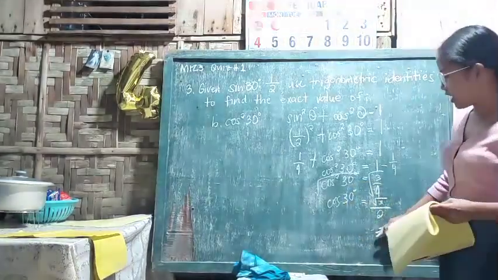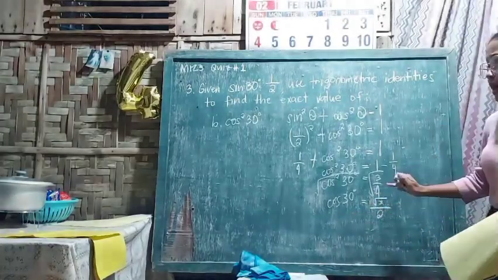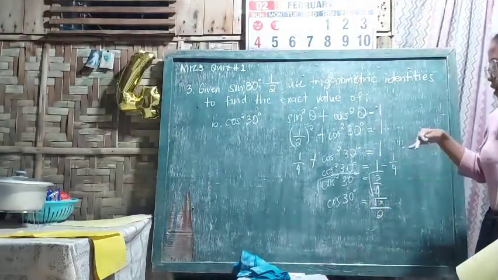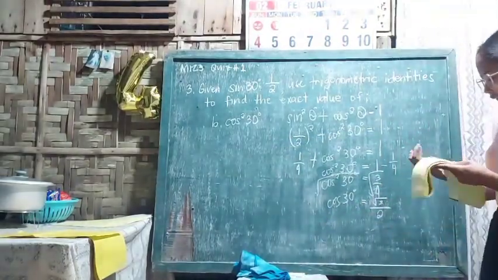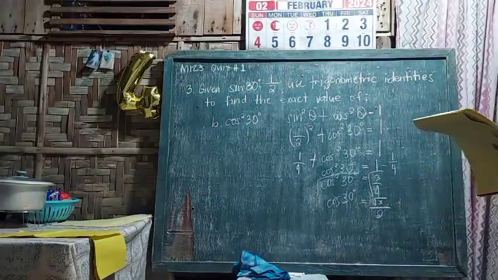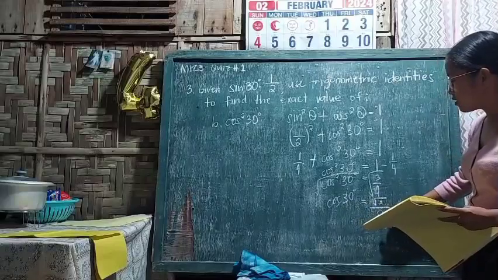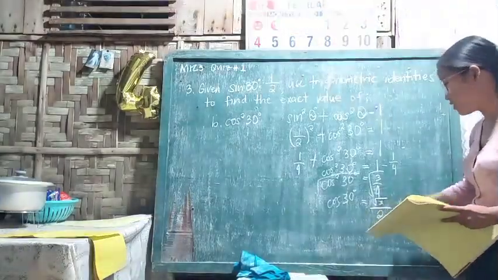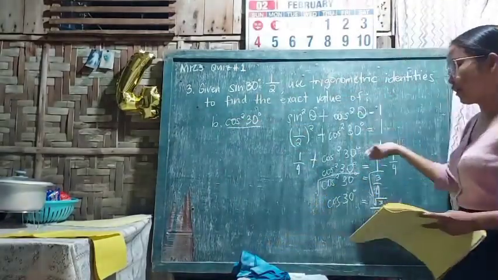Now we have the value of our cosine 30, but we need to find the value of cosine squared 30 degrees. To find it, we are going to square the value of the cosine 30 degrees.